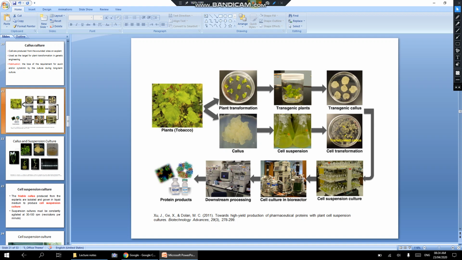You can do all sorts of things, such as growing callus, growing suspension cells, or, if you think there is an interesting compound that you want to overproduce, you can grow them in a cell culture bioreactor. And in the end you will produce a lot of products through this technique.